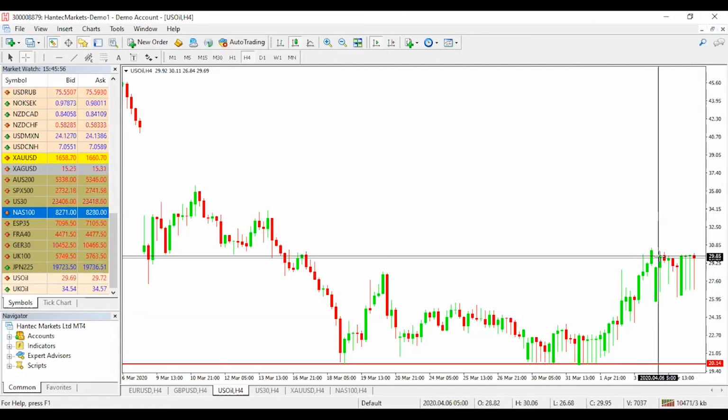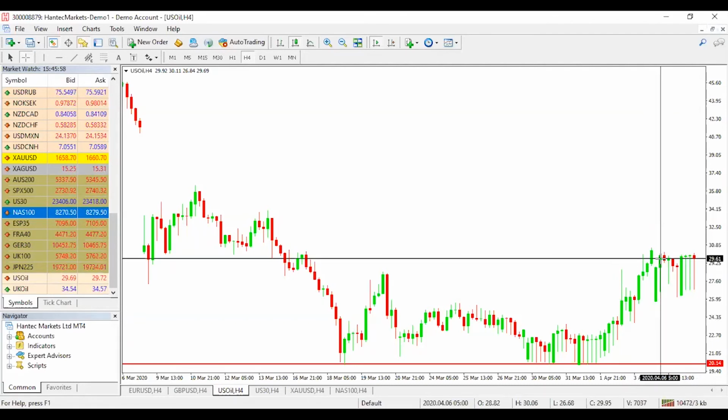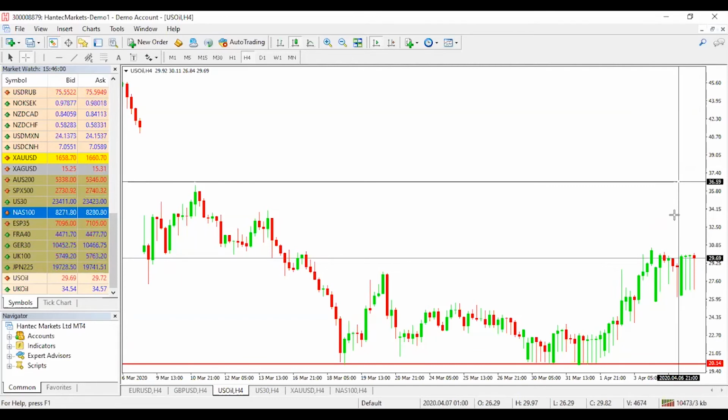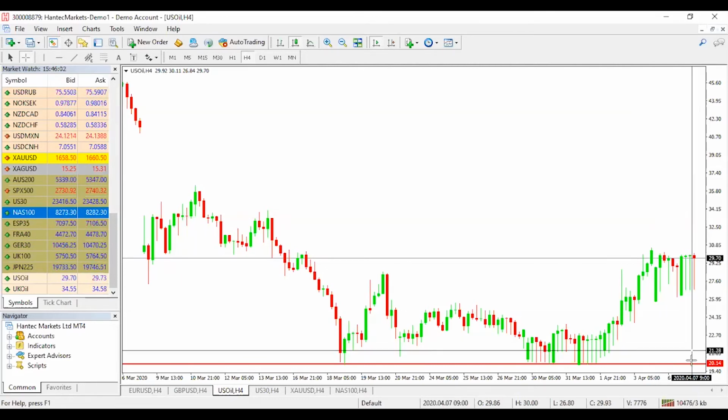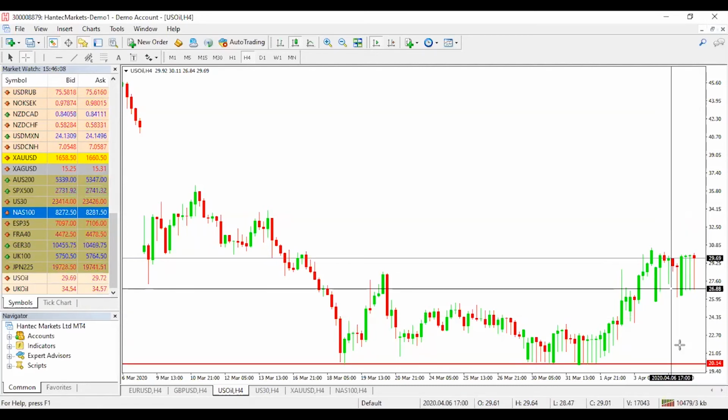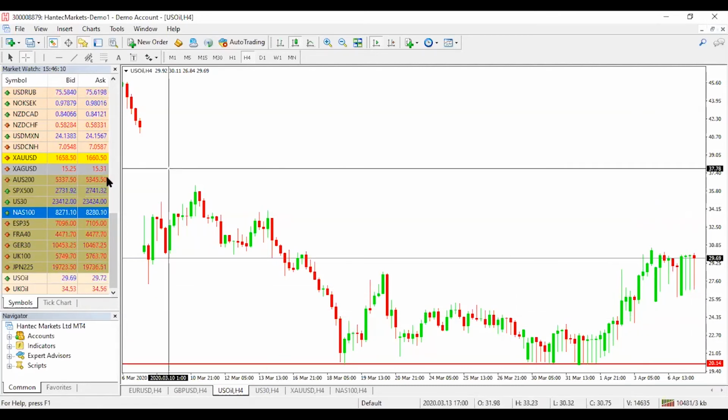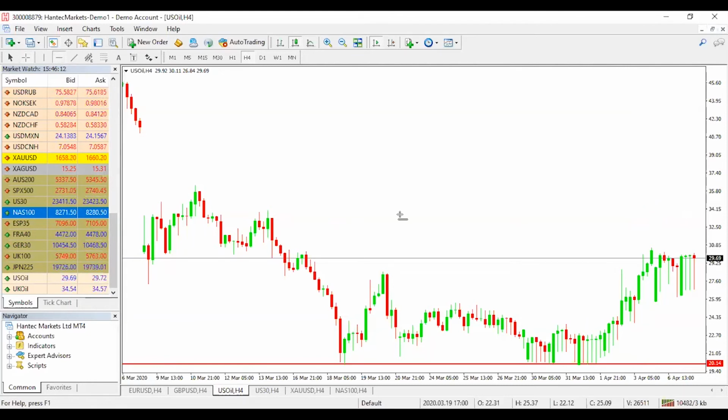A trader can enter this as a buy trade now, believing that the price of oil will increase, but he'll have this $20 mark as his safety. It's really dependent on your style of trading. We can also see a small level of resistance here, in and around this area.